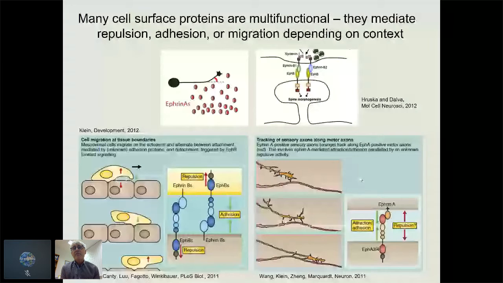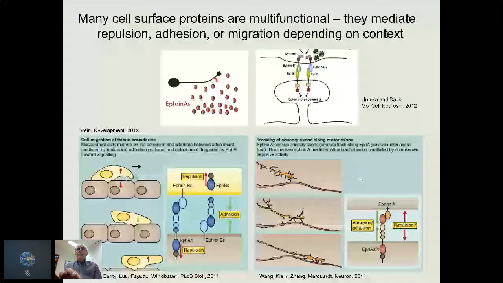They provide the attractive force for the sensory axons to be able to attach themselves to the motor axons. And there's some unknown repulsion force that provides the necessary force for detachment. So from these two examples, you can already see that there is quite a bit of multifunctionality in the Eph-ephrin system.